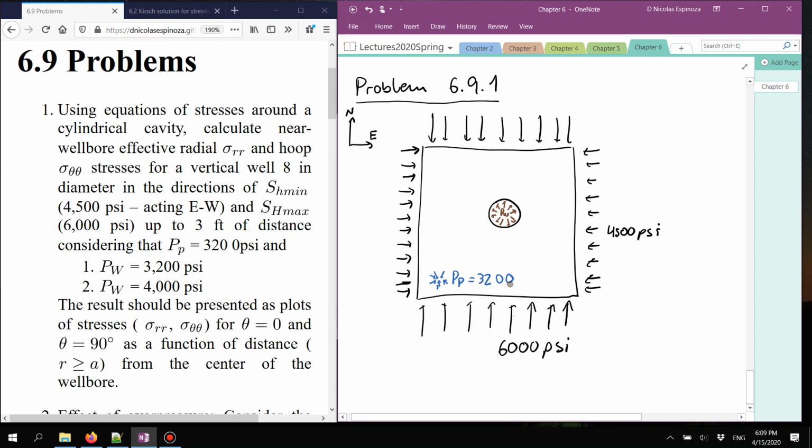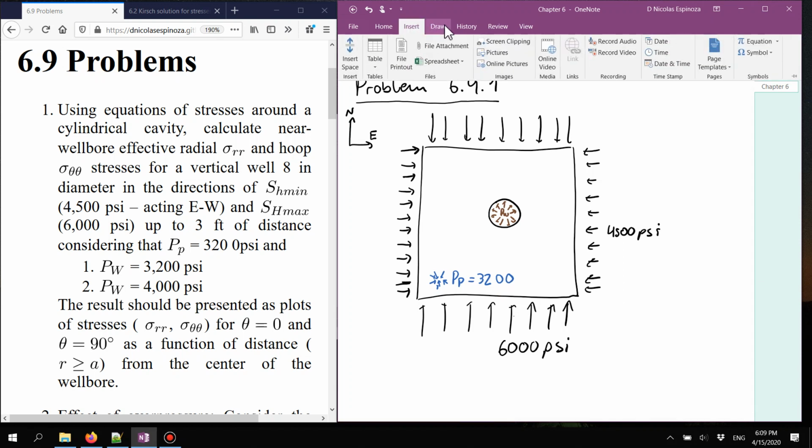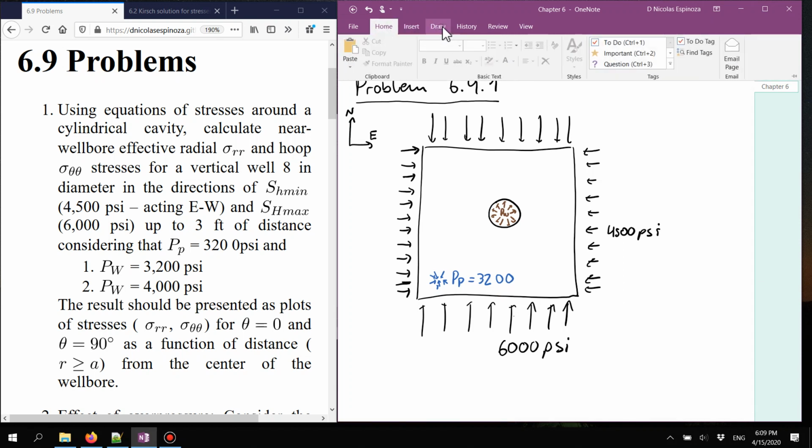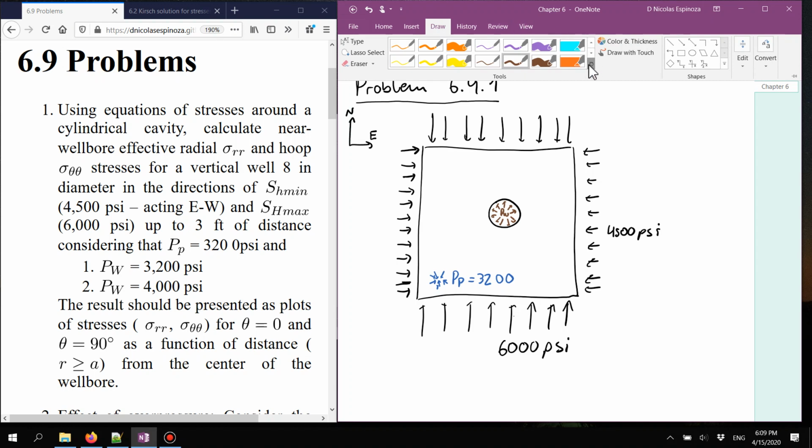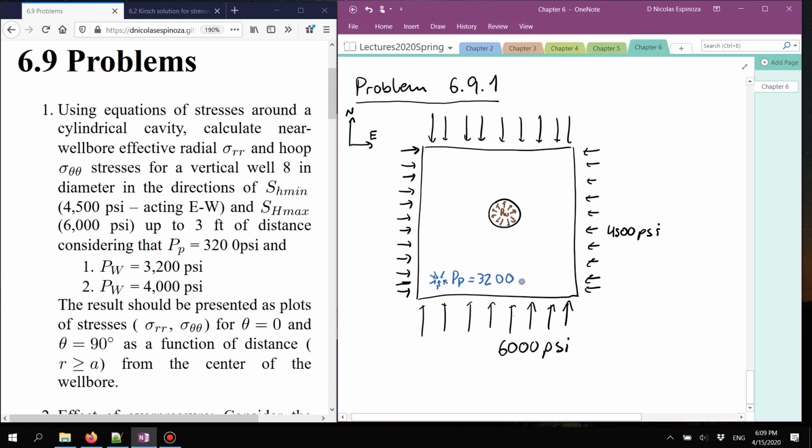Notice that that's equal to the value of the pore pressure. Let me just add the units. And the problem is asking for the radial stresses and the hoop stresses for the angle of theta equal to 0 and theta equal to 90.